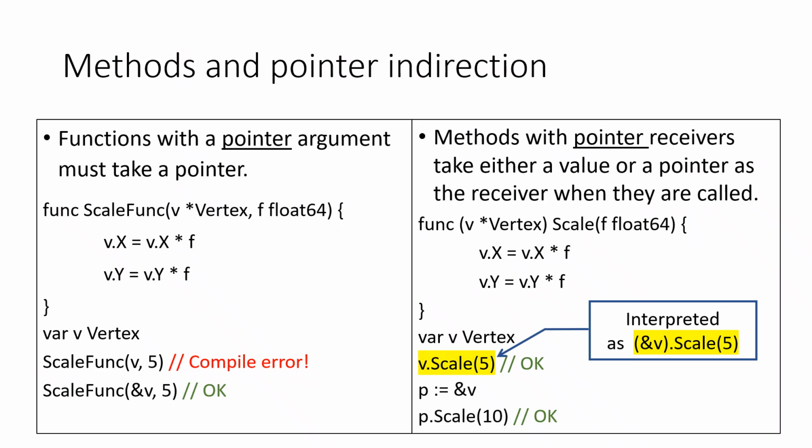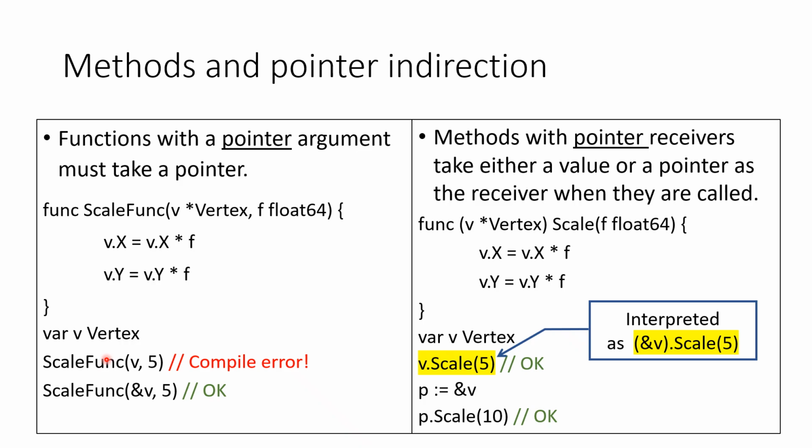For example, consider the method scale with a pointer receiver v of type pointer to Vertex. This method is rewritten as a function ScaleFunc by replacing the pointer receiver v with the first argument, which is of type pointer to Vertex.